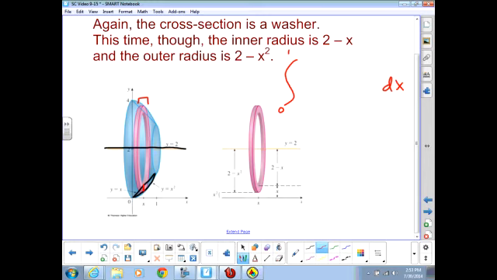Because we have washers, we're going to have pi times some radius squared minus pi times some radius squared. Let's start with our inner radius. Our inner radius goes from the line we're rotating around to the one that's closer.